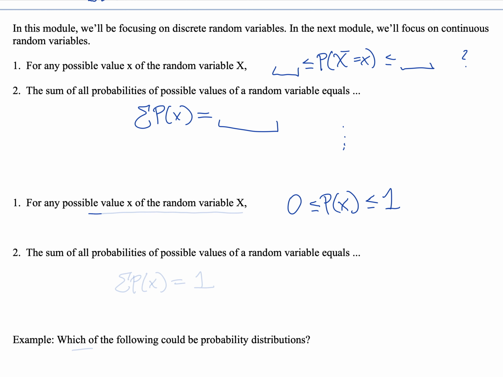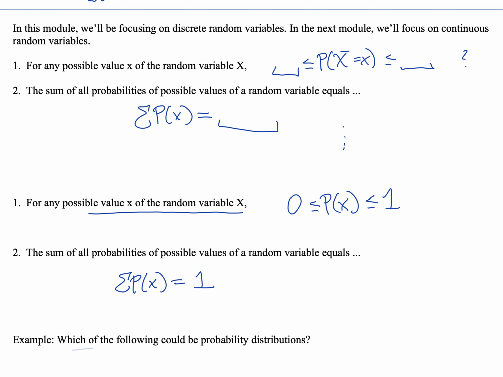So that's still true for possible values x of a random variable, capital X. Part 2, the sum of the probabilities of x for each possible value of the random variable X is always going to be equal to 1, because we know that one of these values is going to occur, and these are disjoint values, like either X is equal to this number or that number or that number, and so the sum of all the probabilities will be equal to 1.